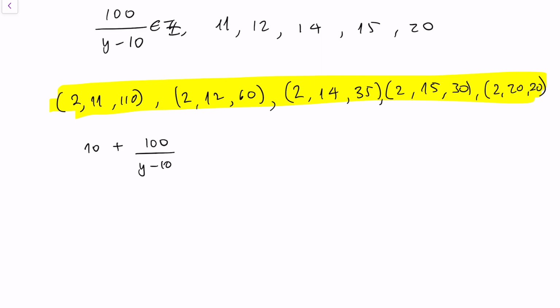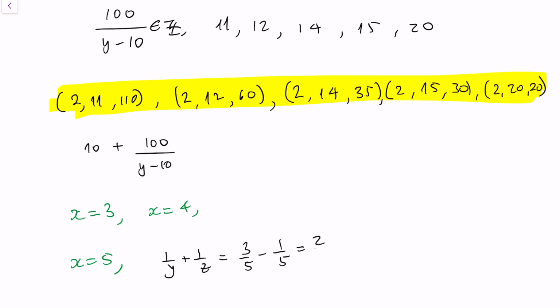So the next task here is to try to use the same method for x is equal to 3, x is equal to 4, but I will do x is equal to 5 because we will see that if x is equal to 5, we will have 1 over y plus 1 over z is equal to 3 over 5, apologies, 3 over 5 minus 1 over 5, which is equal to 2 over 5.